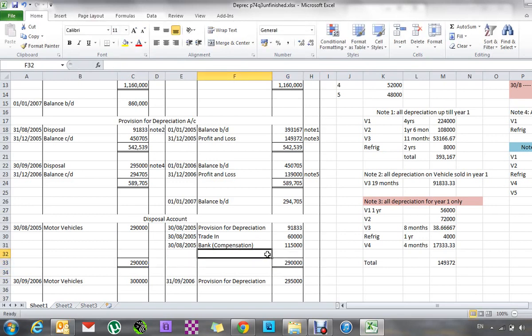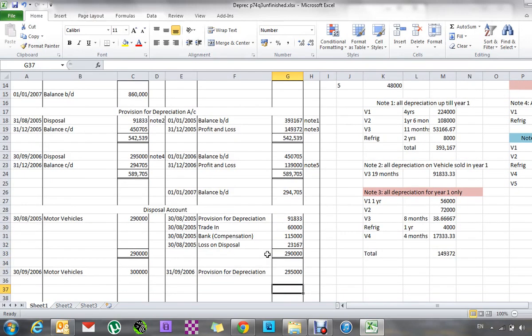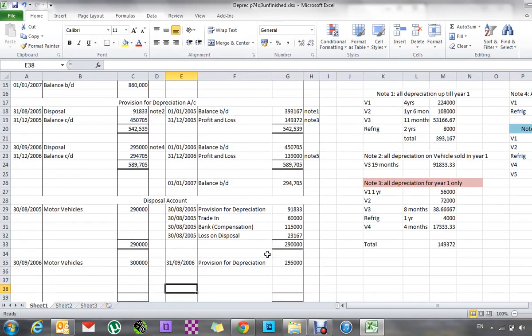So my loss, which happened on the 30th of the 8th of 5, is going to be 290 minus the 115 minus the 60 and minus the 91, the depreciation. So 23 grand.